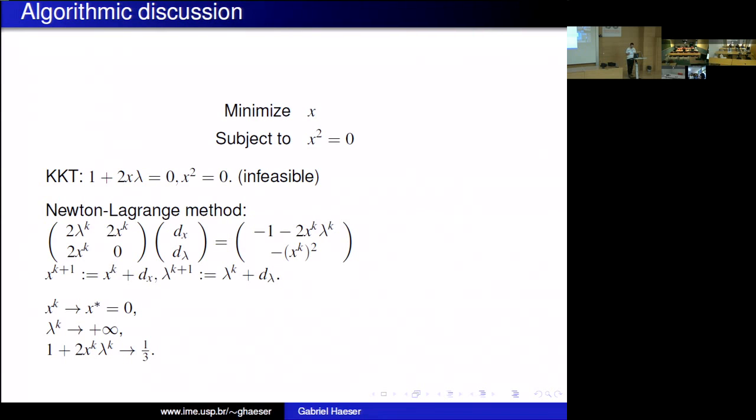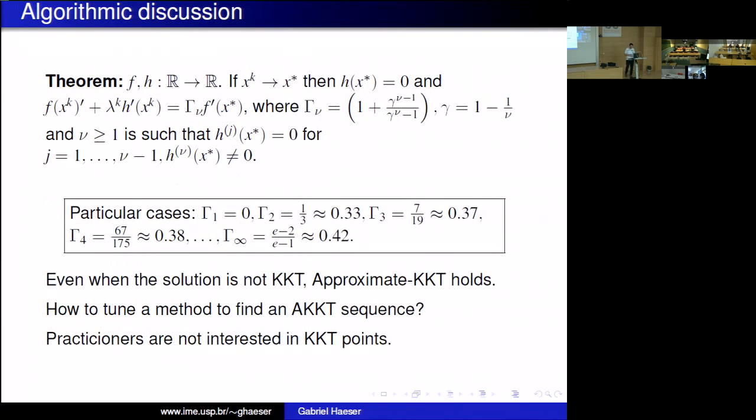So the Newton method is not working fine here, or our condition is not fine. But at least for this simple problem, with only one constraint and only one variable, we understand what the Newton method is doing.